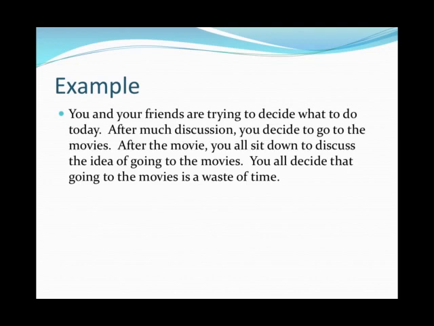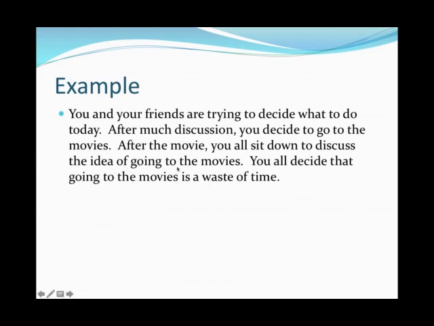The step of deciding to go to the movies, that's decision taking. So you took a decision, and the decision itself is to go to the movies. The decision taking was the act of deciding, and the decision was going to the movies. And then a judgment would be more of an end thing.